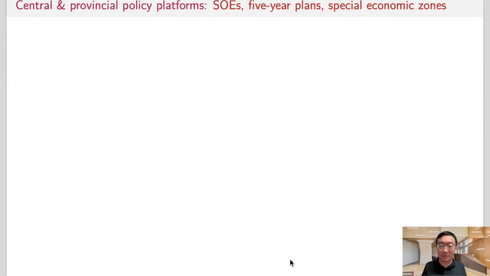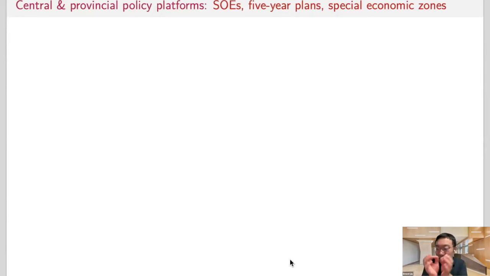They publish their own 5-year plans, which lay out a set of strategic industries that the economy should promote over the next 5 years. They also set up special economic zones with designated industrial focus. We're going to show that central intervention tends to align with the central index, and local strategic industries tend to align with the local index.